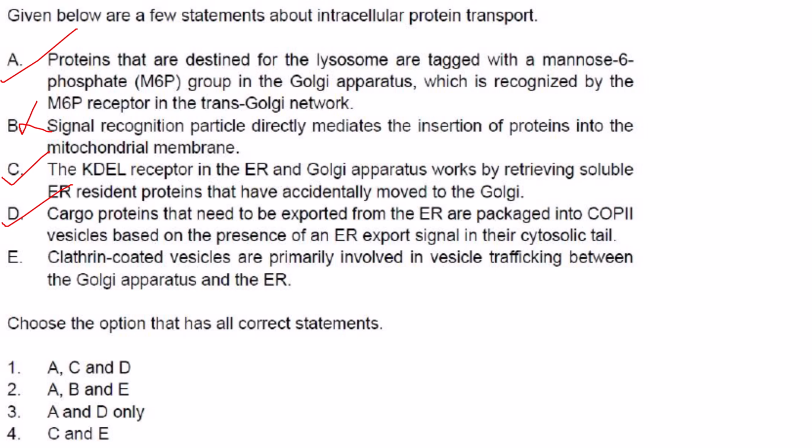Now, clathrin coated vesicles are primarily involved in vesicle trafficking between the Golgi apparatus and endoplasmic reticulum. No. Between the Golgi apparatus and endoplasmic reticulum, it is COP1, not clathrin coated. Clathrin coated vesicles, as I already told you, mediate transport originating in the Golgi apparatus to endosomes and then to the plasma membrane. So E is not correct. That means A, C, D are correct, and that makes option 1 your answer.